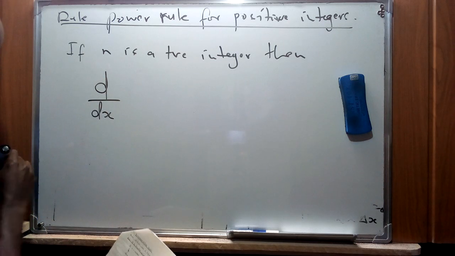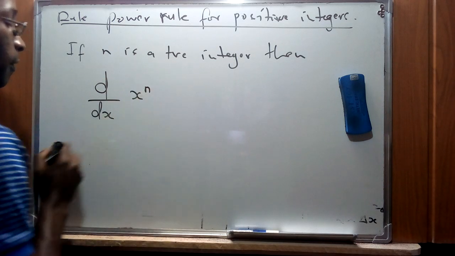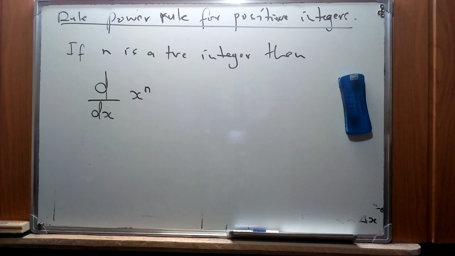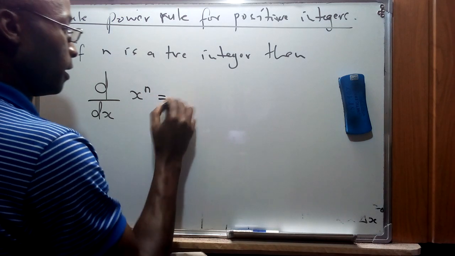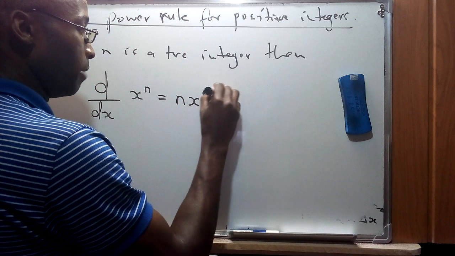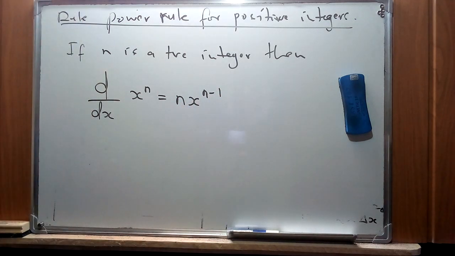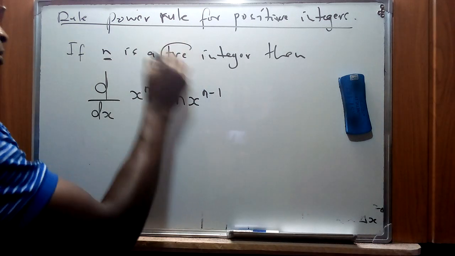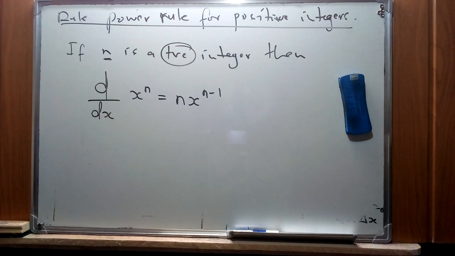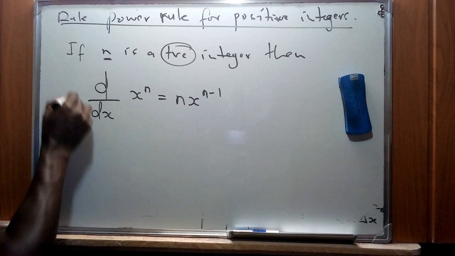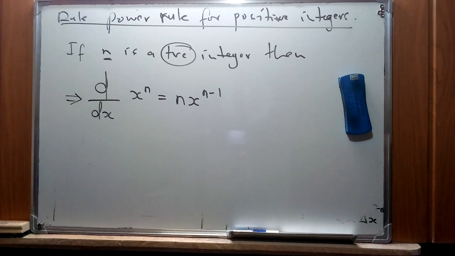The derivative with respect to x of x exponent n will be given as n x to the n minus 1. We take note of the intentional mention of the term positive, since there is another way in which we're going to represent negative terms. So if n is a positive integer, then its derivative will be given using this equation.